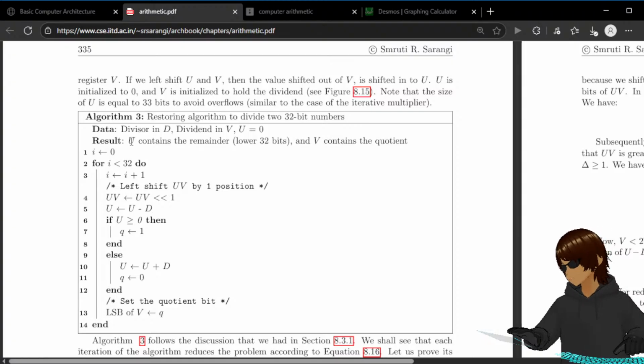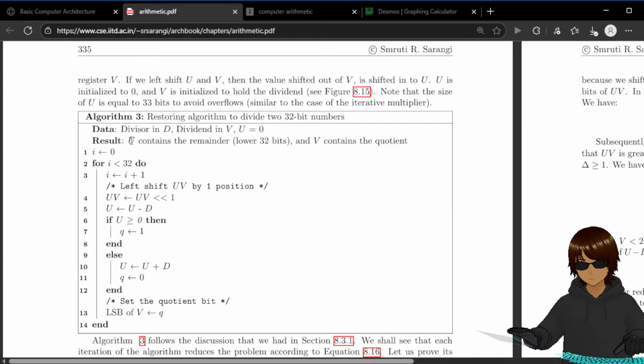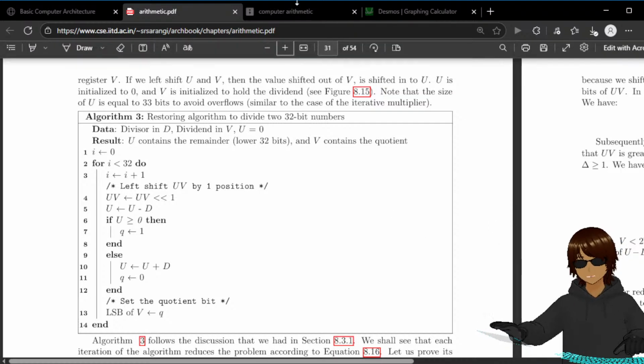I think I need an example for division as well, like we had for the multiplication.